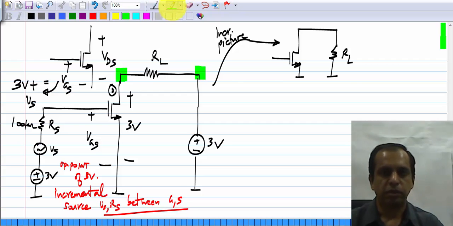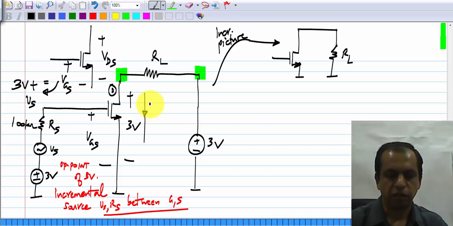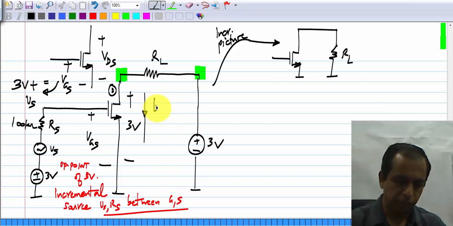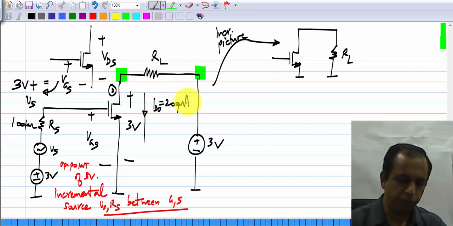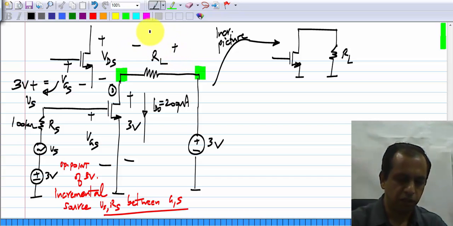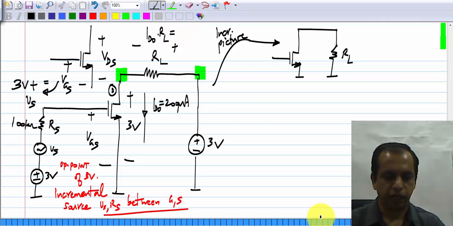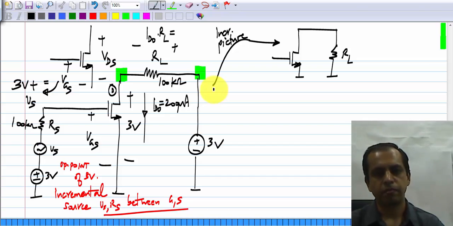Now, this still has a problem. Remember, what was the current flowing here? It was, let me call it ID naught, the operating point current, that is 200 microamperes. So, if I do connect it in series with RL like this, I will have ID naught times RL, okay, and RL is 100 kilo ohms.